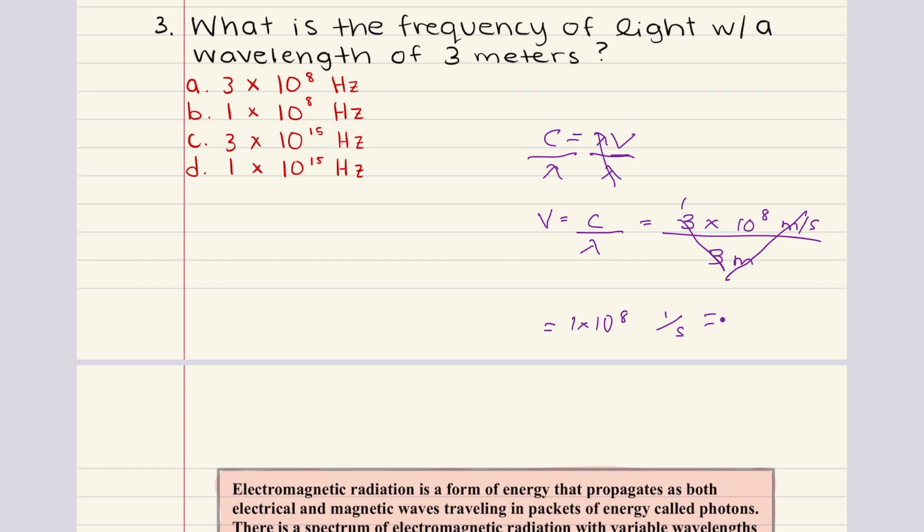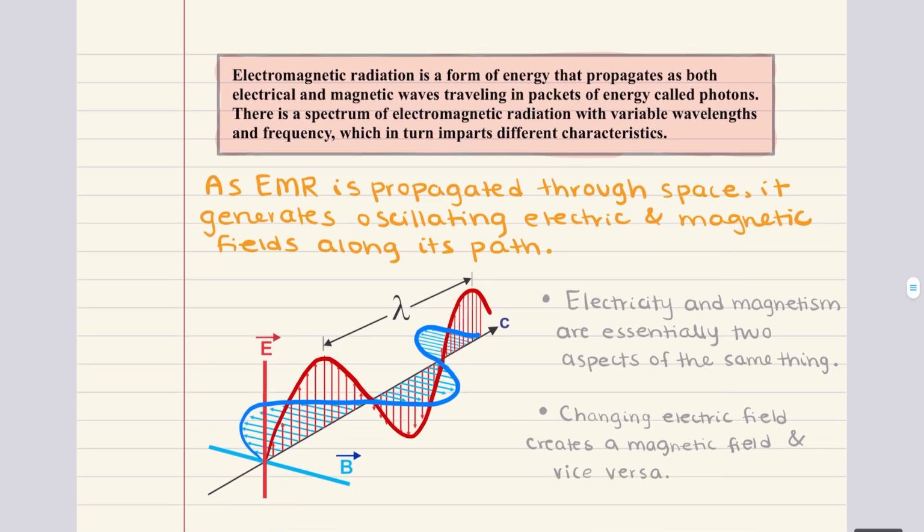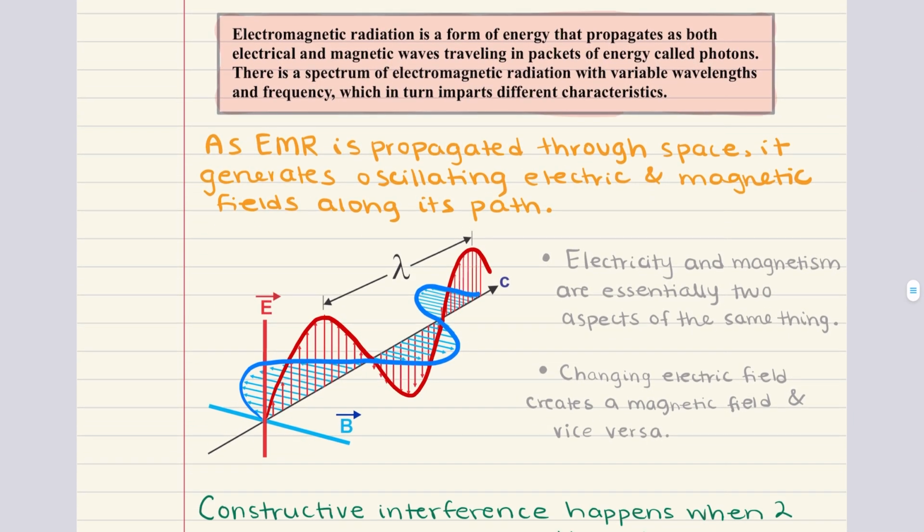So the answer here is that frequency is equal to 1 times 10 to the 8 hertz, which is answer choice B. Beautiful. Now let's go back and reiterate how electromagnetic radiation propagates through space.